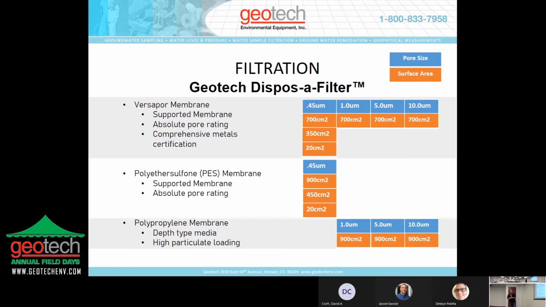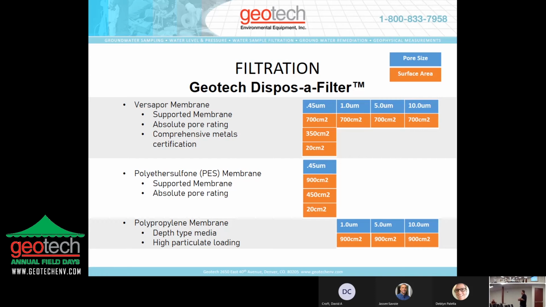So here's a list of Geotech filters. From my competitive analysis currently, we probably have the broadest number and types of filters that are available in this industry right now. We're running with a VersaPore membrane, which was our original filter membrane that was developed for the EPA and the U.S. Geological Survey. The VersaPore material was specified by them.